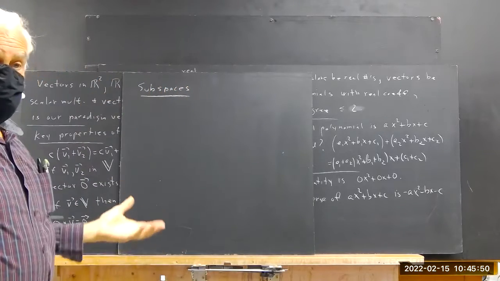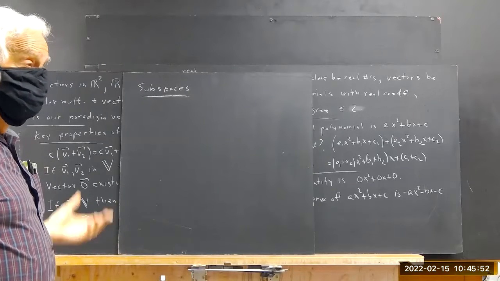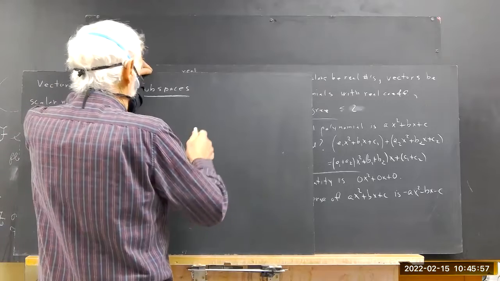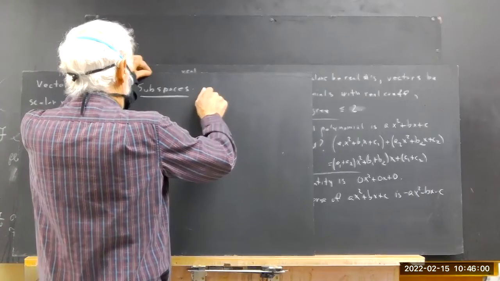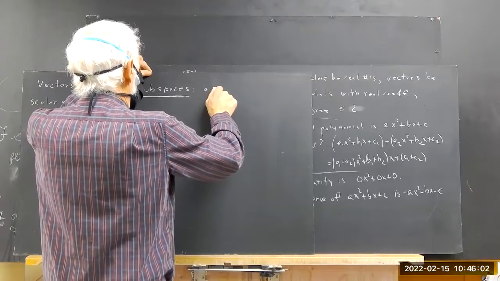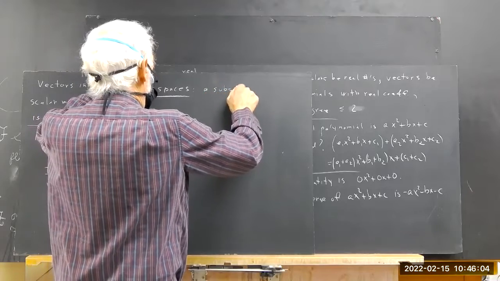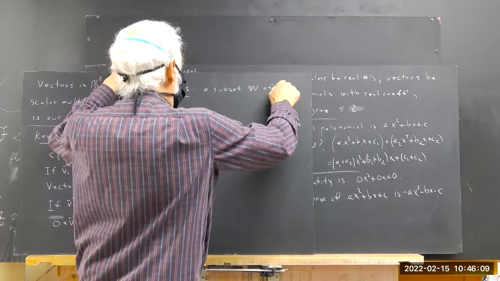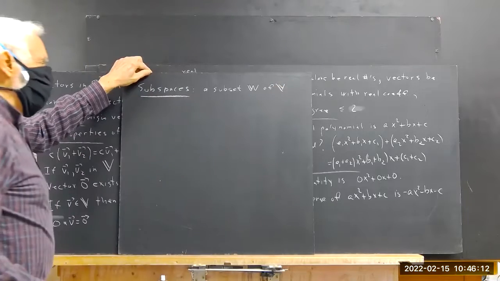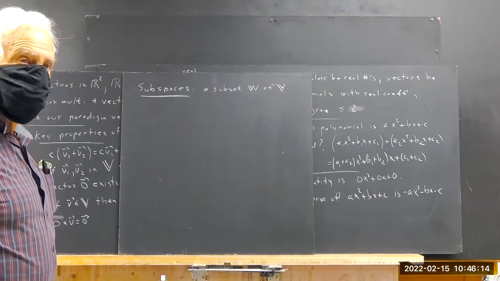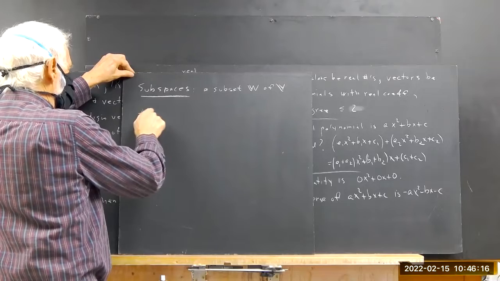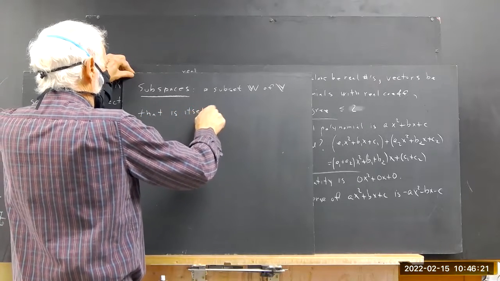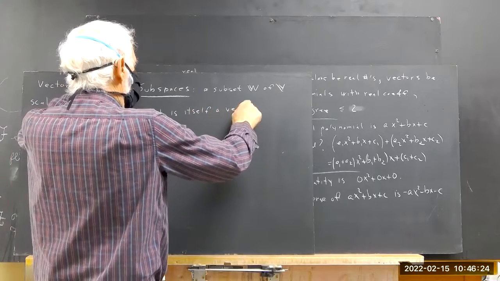I'm going to try to give you an example of a subspace, and a subset that's not a subspace. It's a subspace W of V. It is itself a vector space.